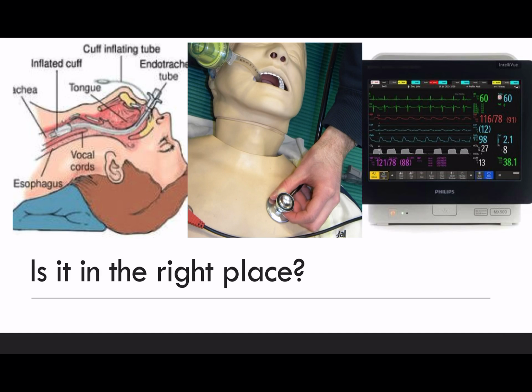So, the most important thing to look at to confirm the position of an endotracheal tube and to confirm that it is sitting in the lungs, in the trachea, is looking at the end tidal CO2. If you look at the monitor on the right hand side of the screen, the bottom waveform, the white rectangles that you see there, that is the end tidal trace.